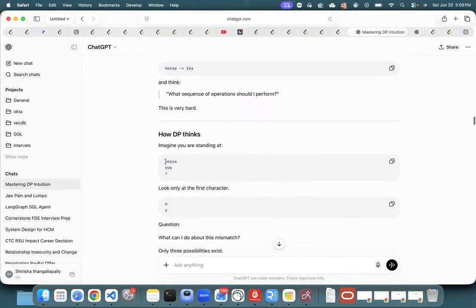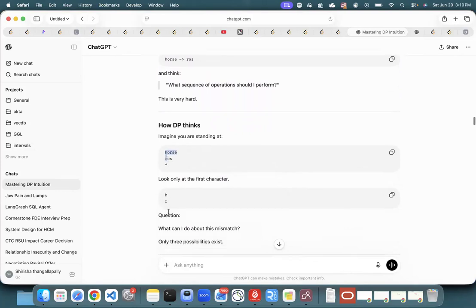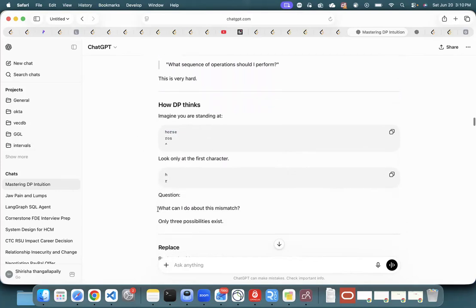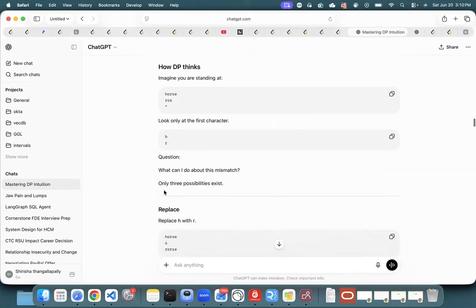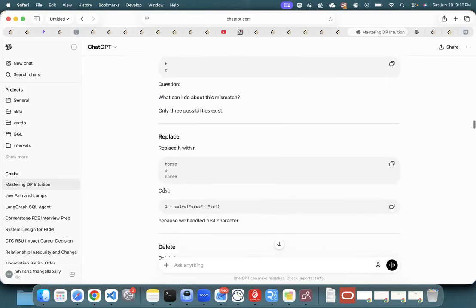imagine you're at H and R. What can you do about it? If that is a match, you do not do anything. If that is not a match, you can either insert, replace, or delete.